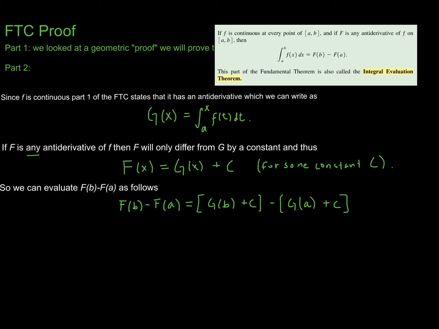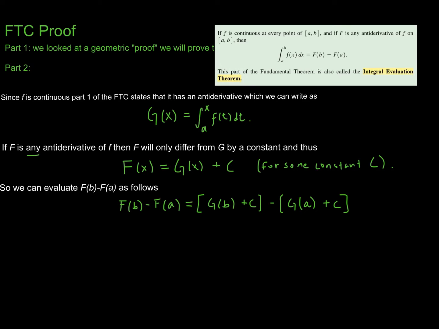And writing it out formally now, using how we just defined it, that's going to be capital G of b plus c, that represents capital F of b, and capital F of a is simply going to be capital G evaluated at a plus some constant c.